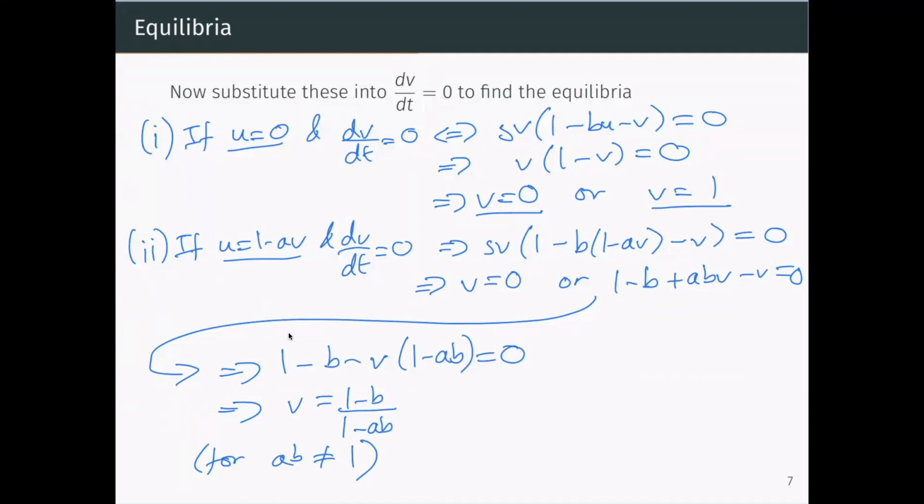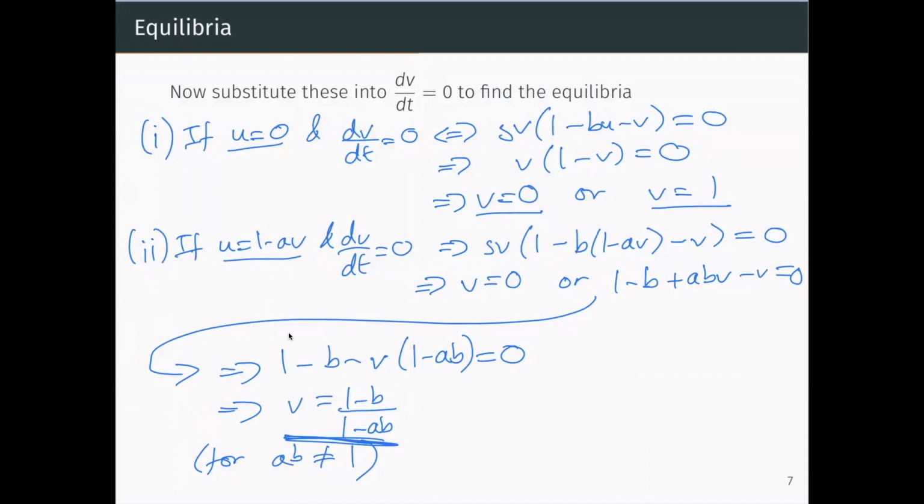Okay, so we've got a value here for our v, but we also need to think about what is our corresponding value of u. So now we can substitute this back into our equation here. What we're really doing here is we're solving two, in this case, linear equations, because these null lines are straight lines.